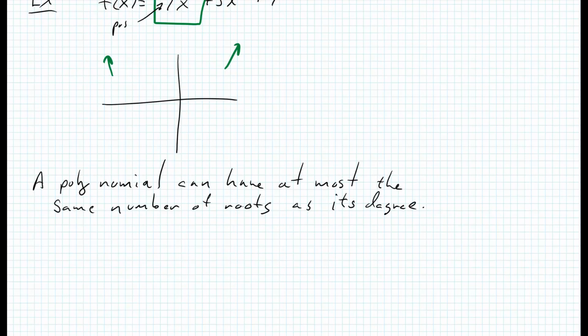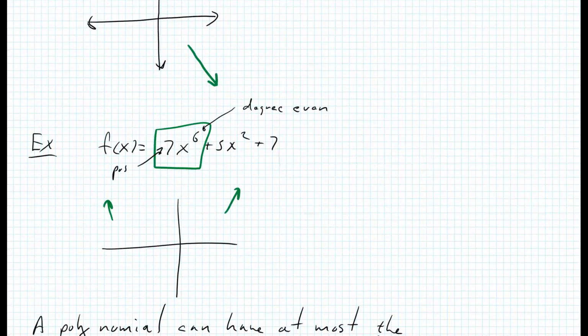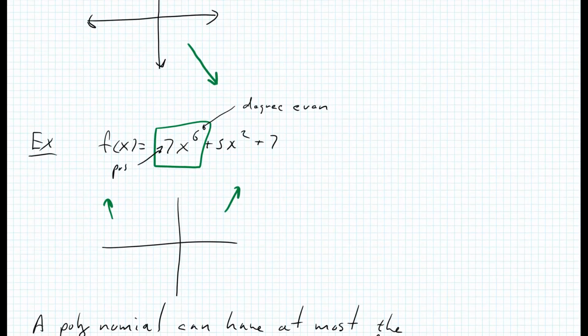That's an awkward sentence, and I always try to write things differently from the book so you get a little contrast. Hopefully it makes sense. For example, a 6th degree polynomial can have at most 6 roots. In other words, it can cross the axis at most 6 times.